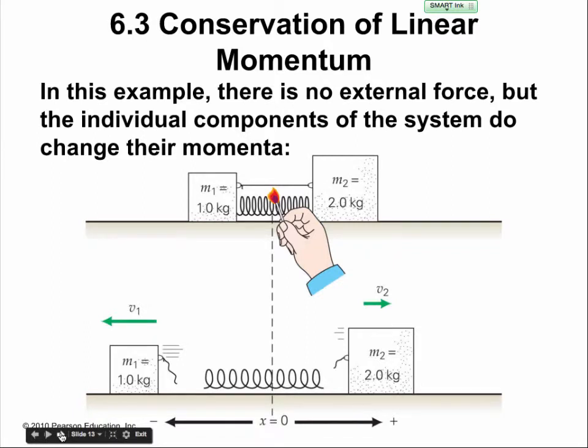In this example, we have two masses with a spring between them and a string holding them together. When you burn the string, the spring will expand and force both objects in opposite directions. So in this example, there's no external force, but the individual components of the system do change their momentum.